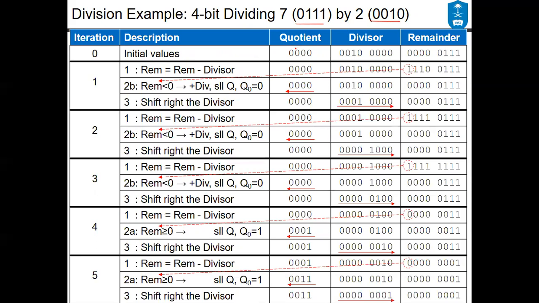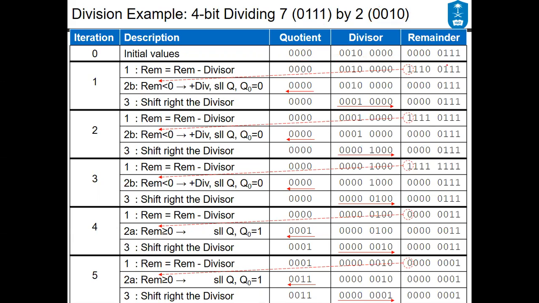So what happened? The quotient at the beginning is zeros. The divisor is going to be at the leftmost 4 bits, which is the 2. Should be here.